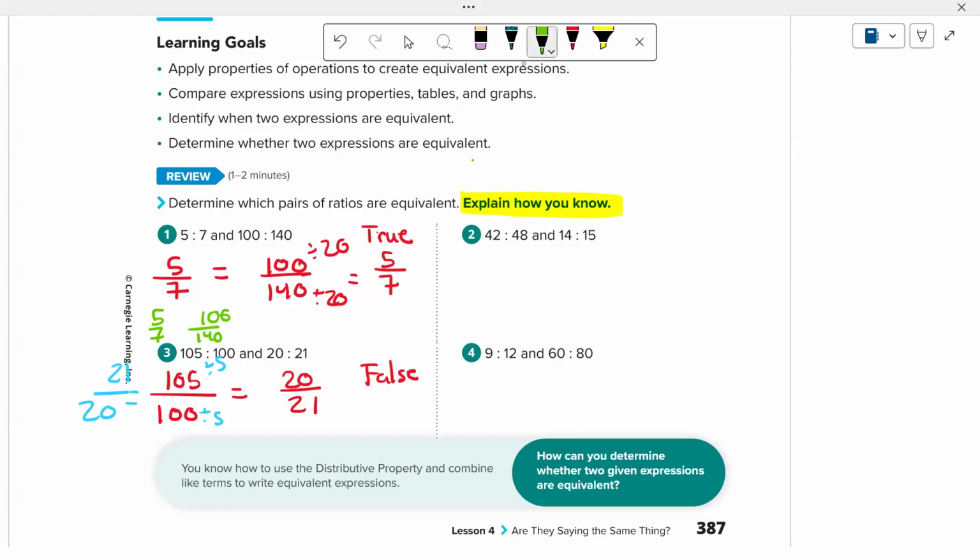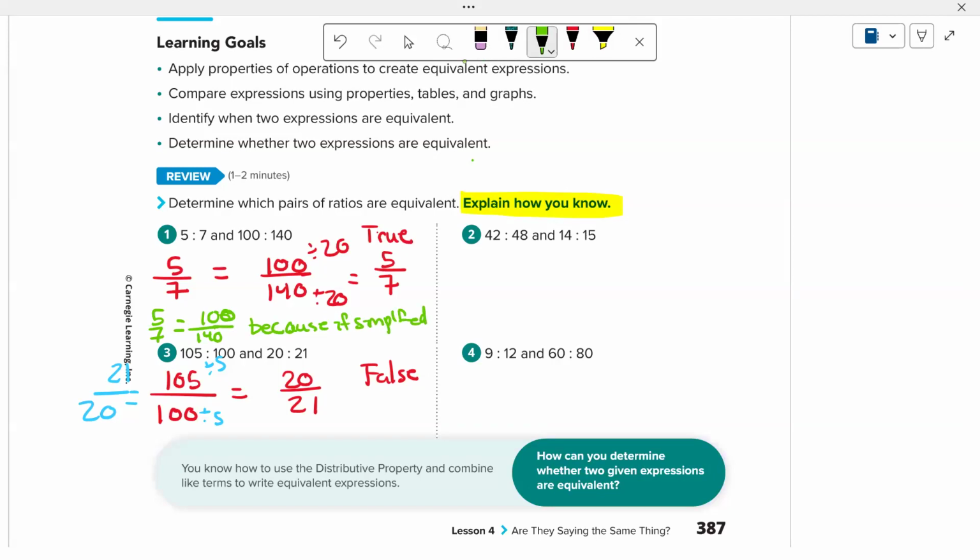Okay, here we go. 5/7 does equal 100 over 140 because if simplified... That's a horrible explanation, but whatever. If you divide each by 20, you get 5/7.